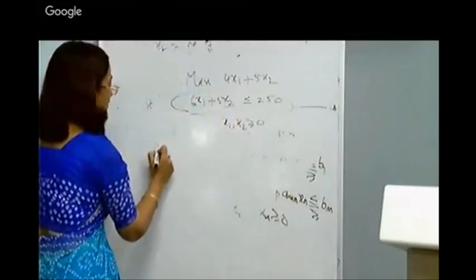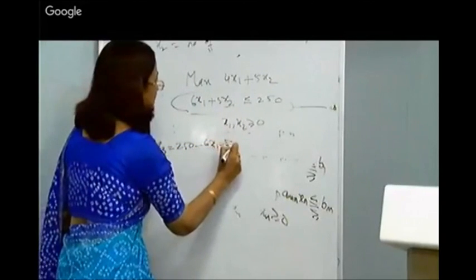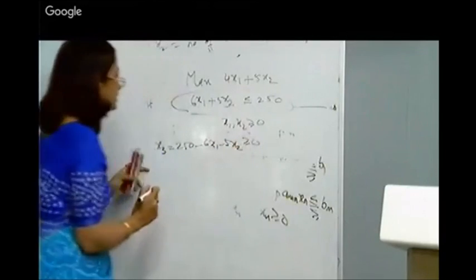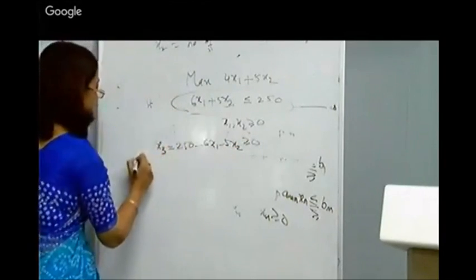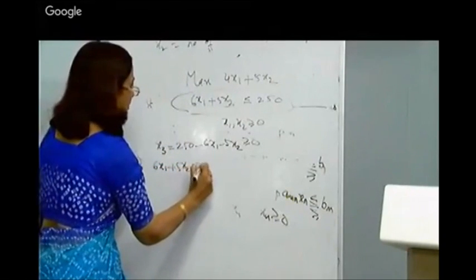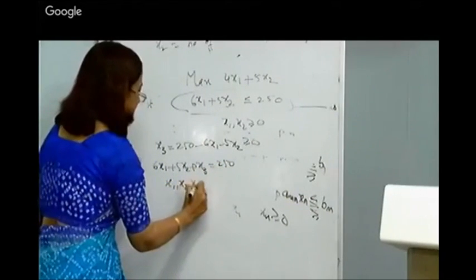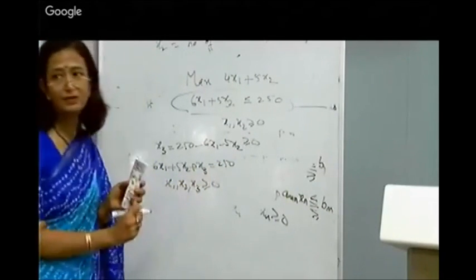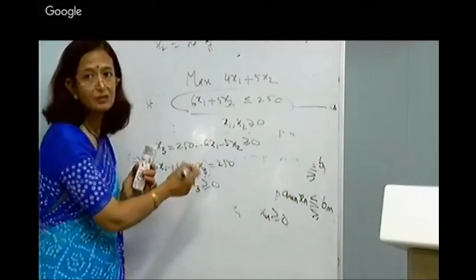You can write x3 as 250 minus 6x1 minus 5x2, non-negative, which is the same thing as writing this constraint. So equivalently, I can write this as 6x1 plus 5x2 plus x3 equals 250, where x1, x2, x3 are non-negative. So we are introducing something which was short, called slack.